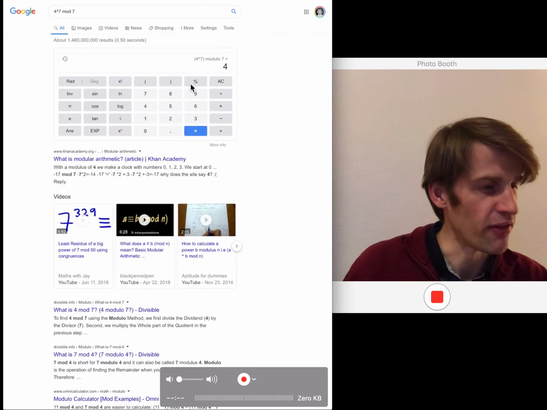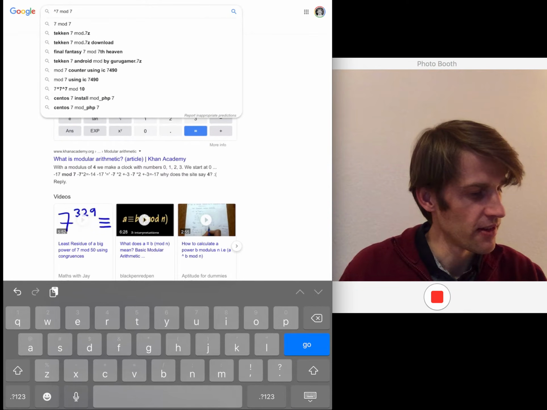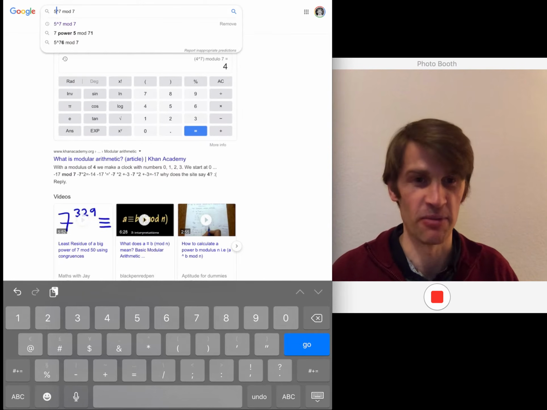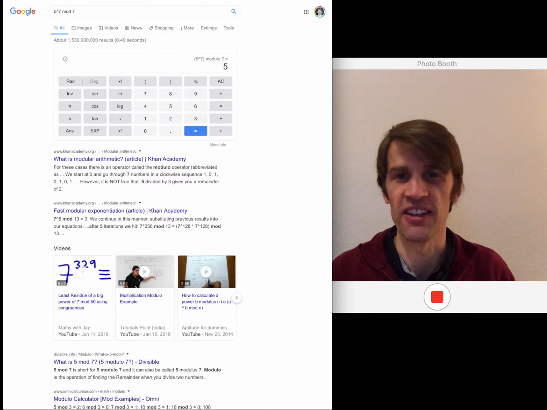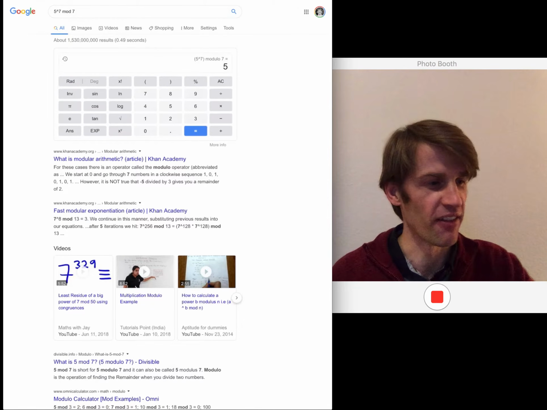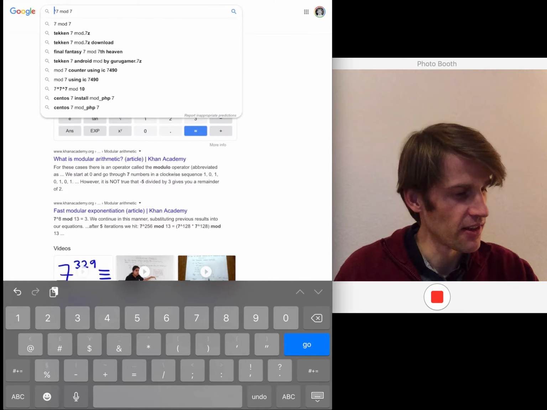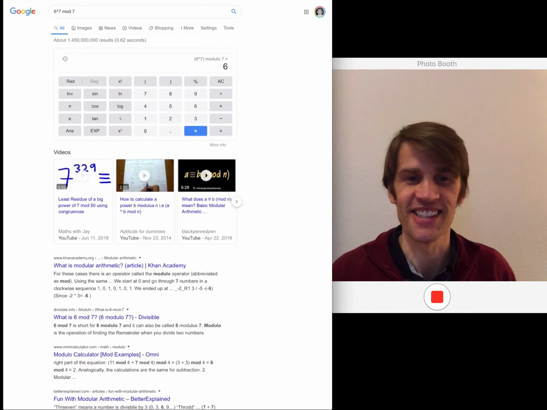Let's try 5. What is 5 to the 7th power mod 7? This theorem is telling us that it should be 5. And it is. 5 to the 7th power mod 7 is 5. Let's try 6. 6 to the 7th power, mod 7, is 6.